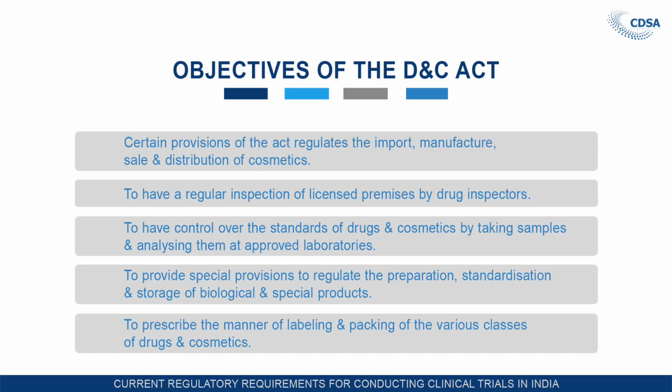To prescribe the manner of labeling and packing of the various classes of drug and cosmetic. So the Act provides for the labeling and packing of the various classes of drug. It means what should be the content on the label is also given in the rules and the Act.